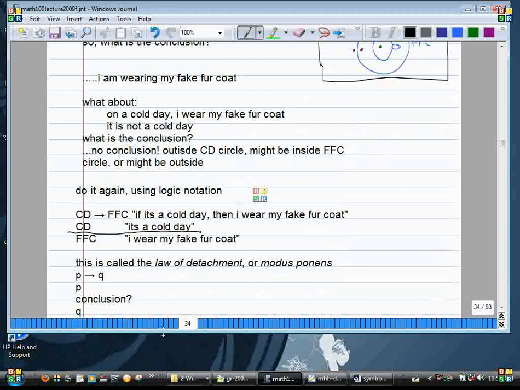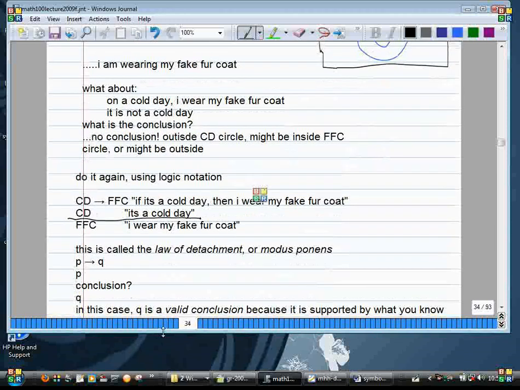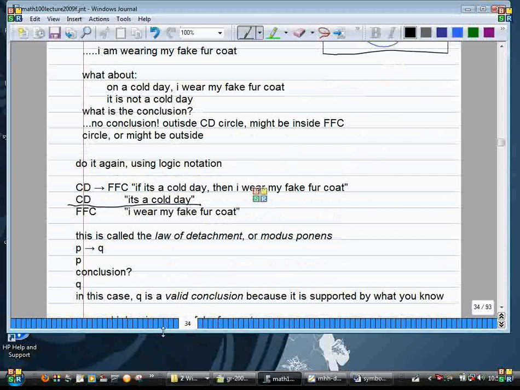If we have if P then Q, and we know P, then the conclusion is Q. And this is called the law of detachment, or in fancy Latin, modus ponens. So in this case, we say that Q is a valid conclusion because it is supported by what we know.